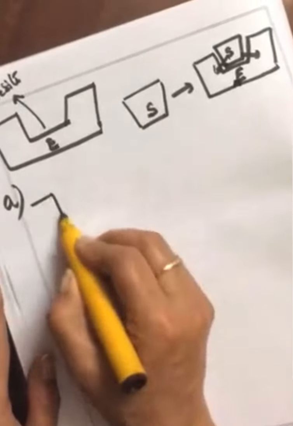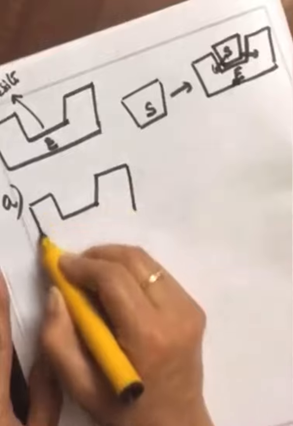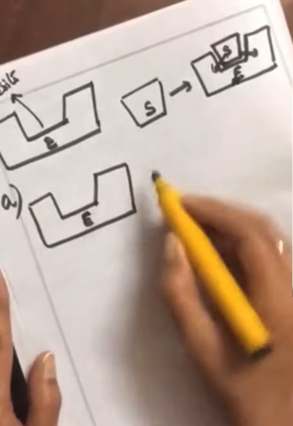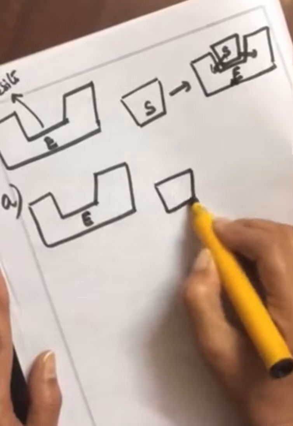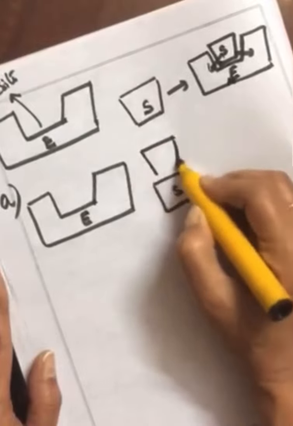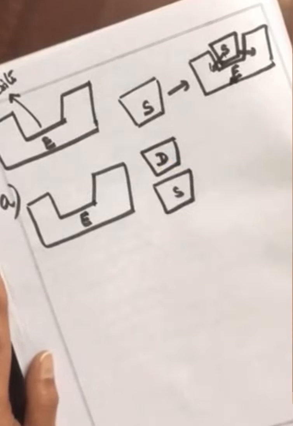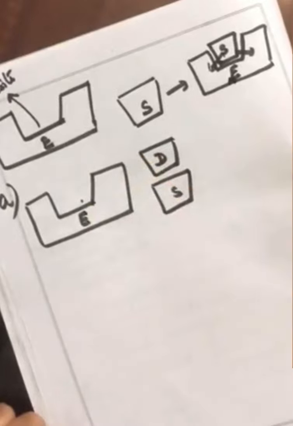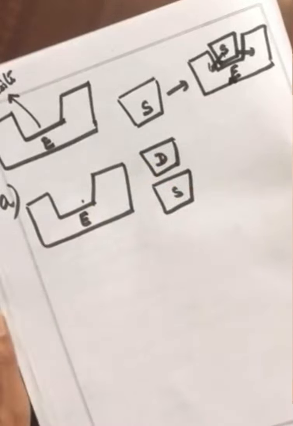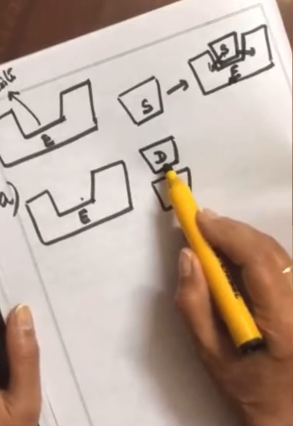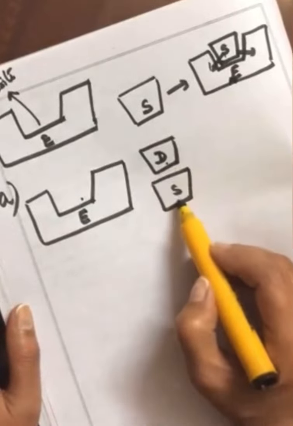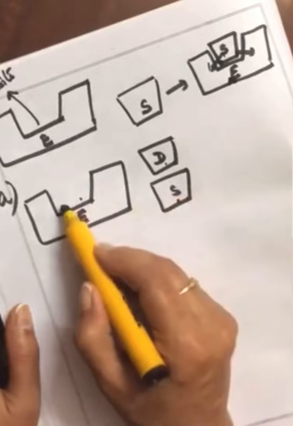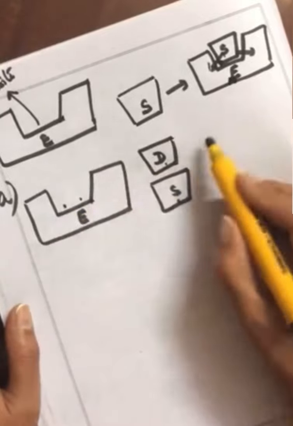For example, this is the enzyme, this is the substrate, and this is the drug that we have taken. There will be a competition between the drug and the substrate over who will link with this active site. If the drug is effective, it will compete with the substrate and link to this active site.